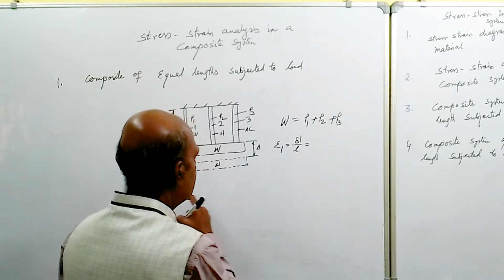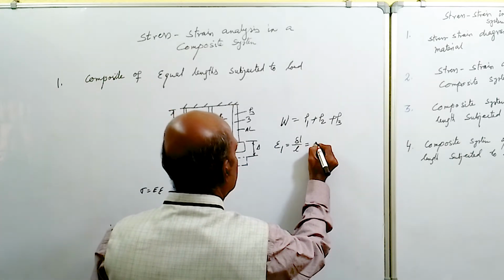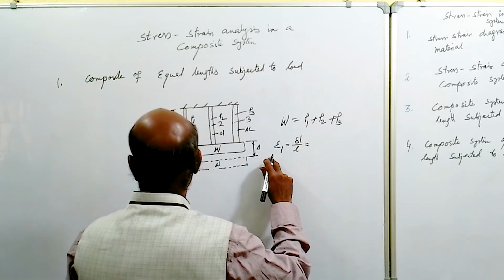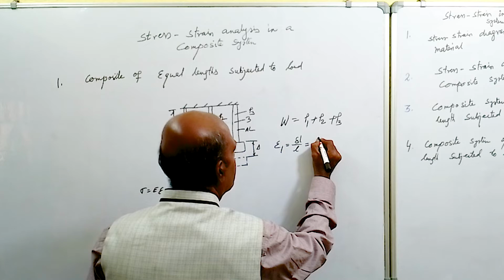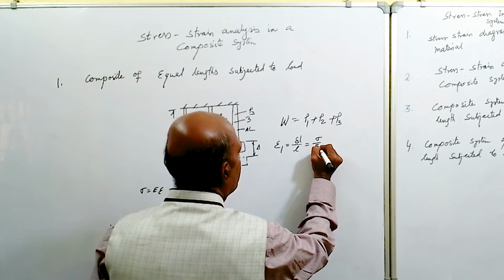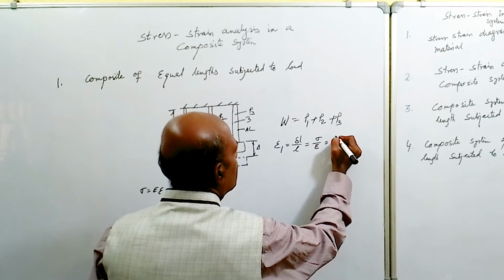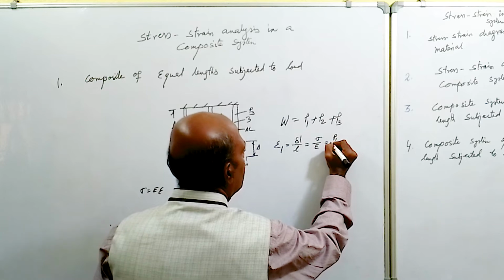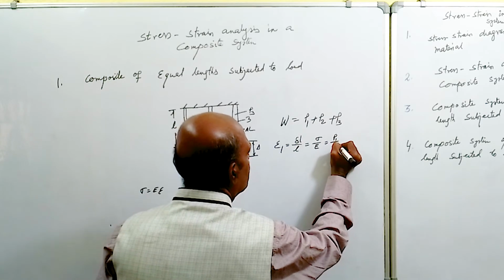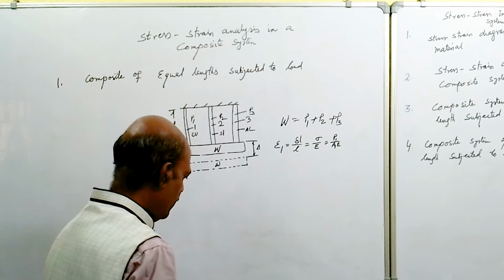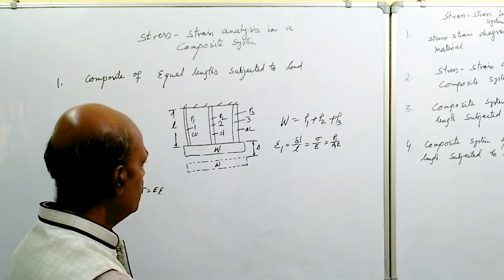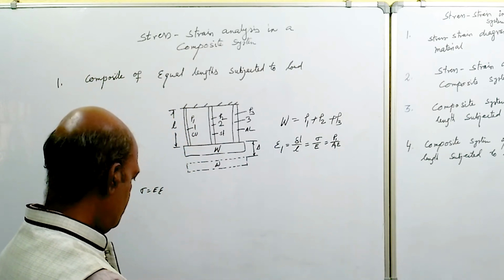So we can write delta L by L, that is epsilon, is equal to sigma by E. And what is sigma? That is P1 by A1, divided by E1. Epsilon 1 is P1 by A1 into E1.